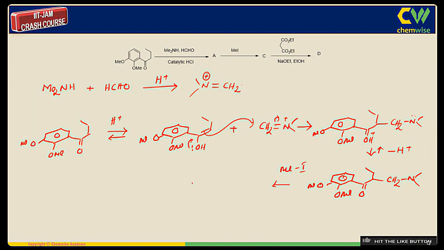We need to go a few more steps further. OMe, OMe, double bond O. Now we have this product, CH2 in methylations.